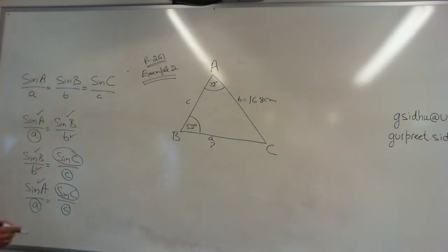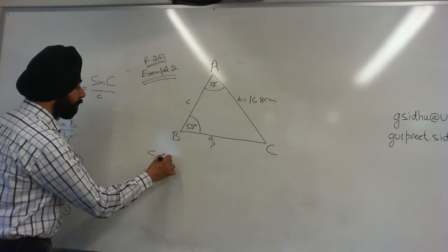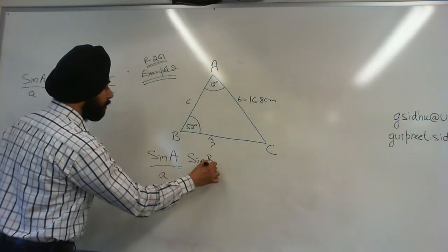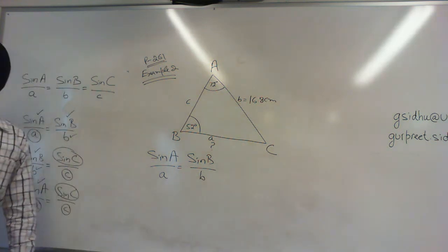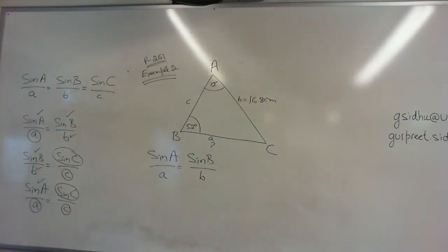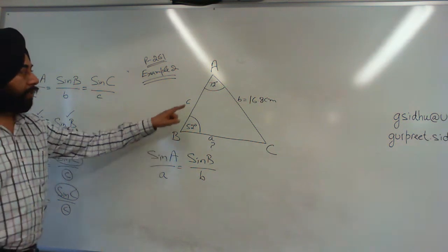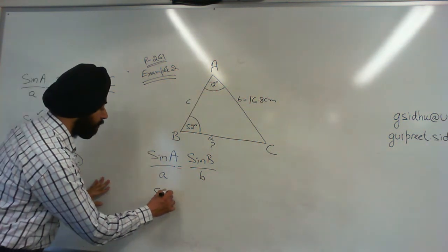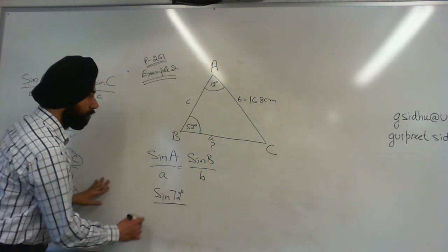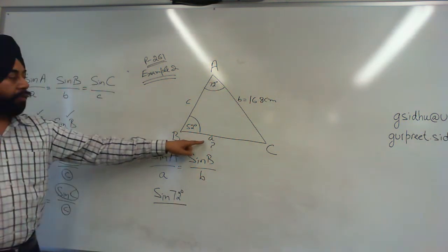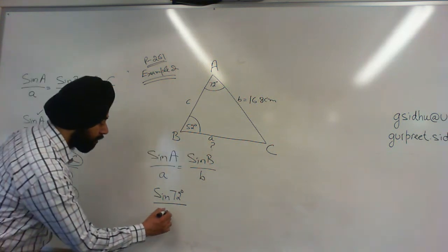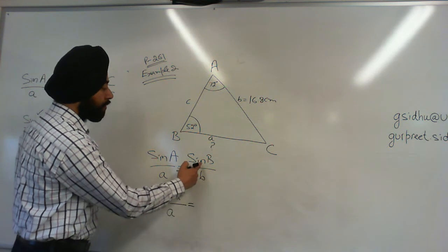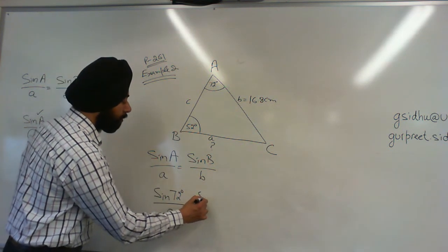So you rewrite this formula here: sine A over A is equal to sine B over B. And then enter the values. Angle A is 72 degrees, so this becomes sine 72 degrees divided by A, which is unknown, so you will keep it as A. Then equals sine B. B is 52 degrees.